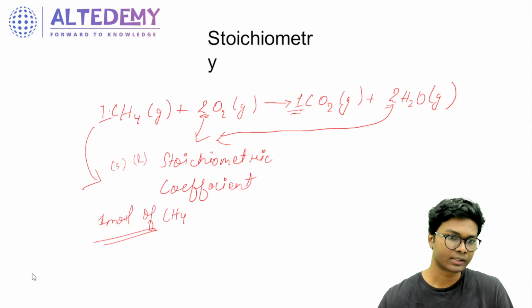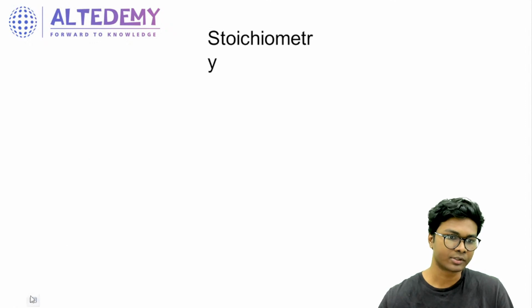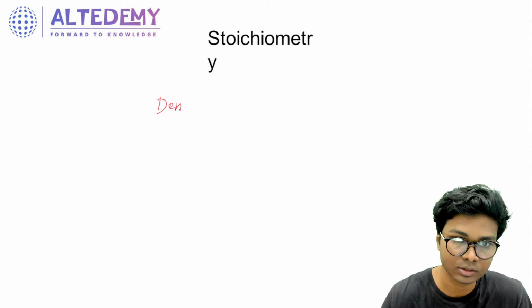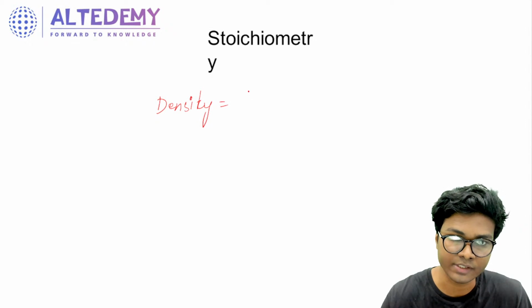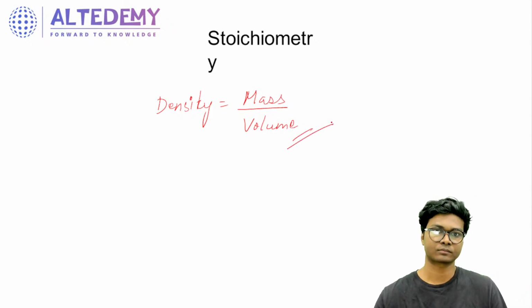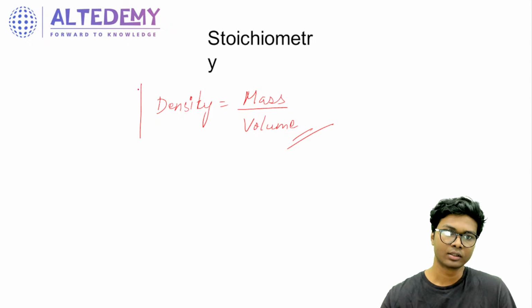Okay, and the next formula that we must know in this is density. Density is always equal to mass by volume. Got it?